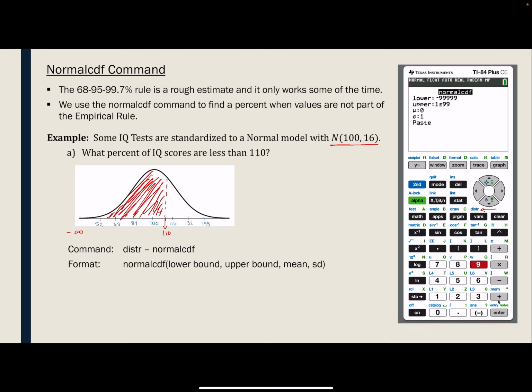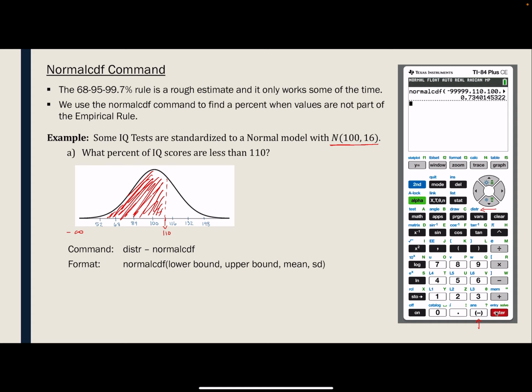Be sure to use the negative button here and not the subtraction sign. My upper value is 110, the mean is 100, and the standard deviation is 16. And then you hit paste, hit enter, and that will give you the answer.